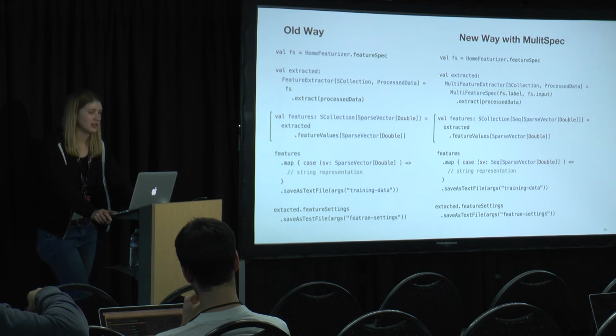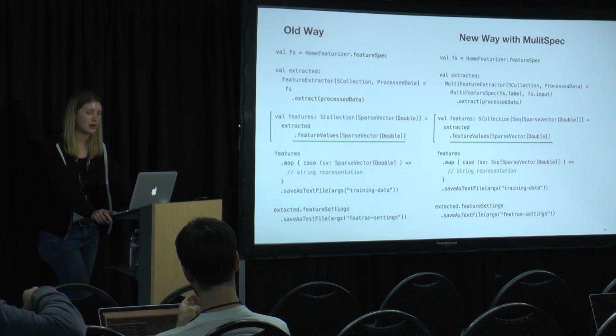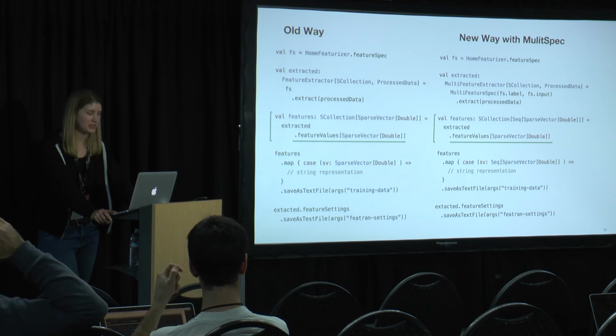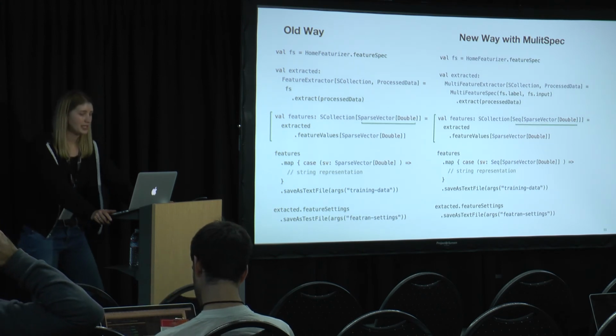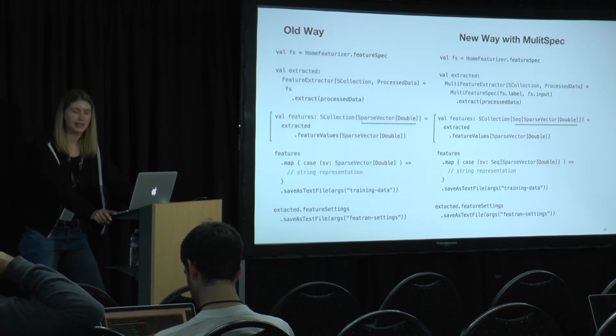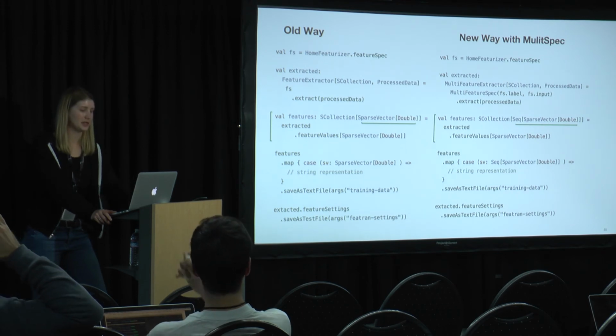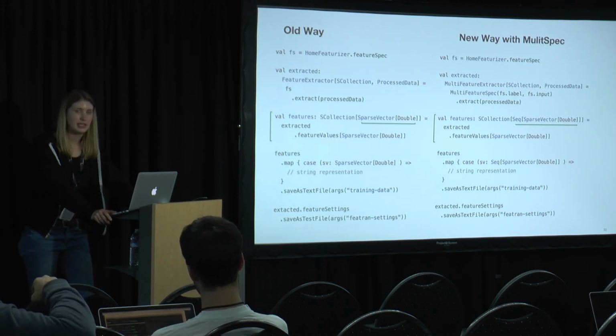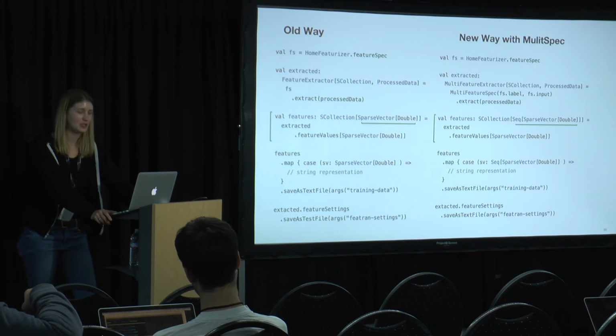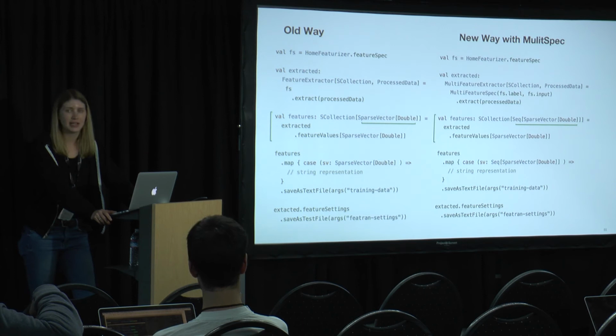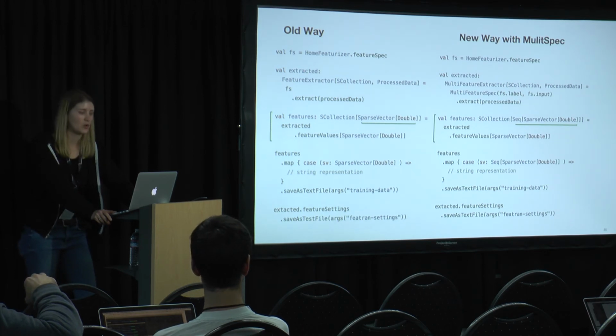And the major differences are what you're going to see when you then call on the extracted, requesting your feature values in the form of a sparse vector. So in the old way, because you just have a single feature spec, you're just going to get a single sparse vector. Where now in the new way with the multi-feature spec, you're going to have a sequence of sparse vectors, where the first element in the sequence is going to correspond to the label, and the second element is going to correspond to the input.